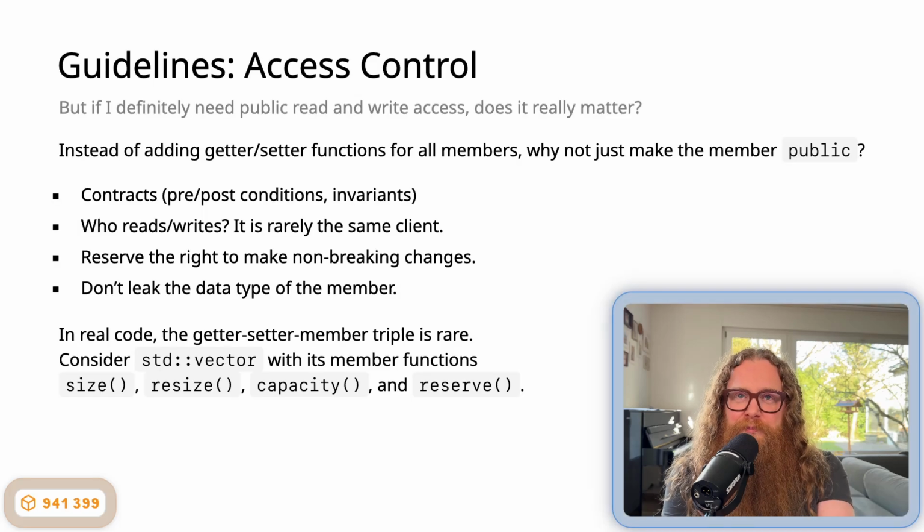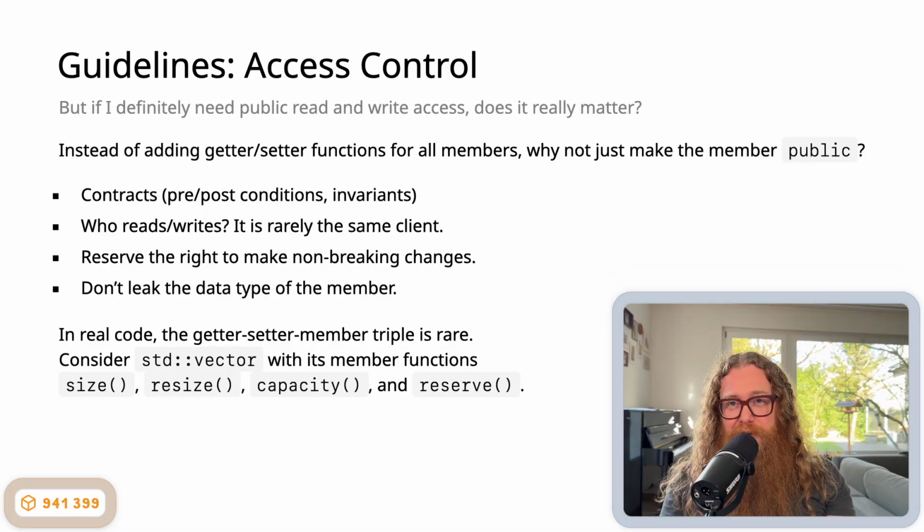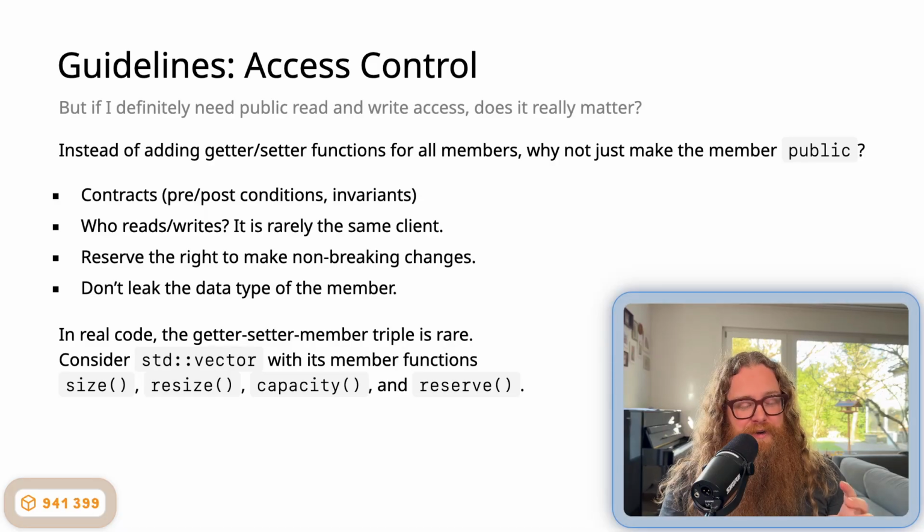Good. Then you might ask, but does it really matter? So if I have a class, I give it a data member, I give it a getter and a setter function. Does it make a difference whether I just make it public? And the answer is yes, it makes a difference for multiple reasons.